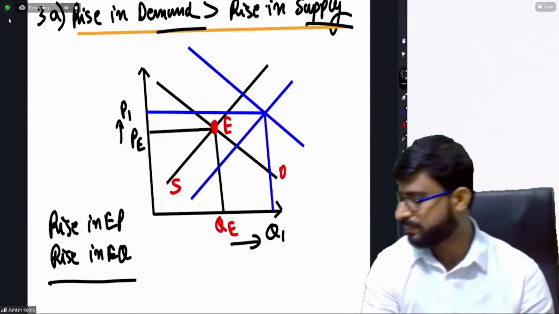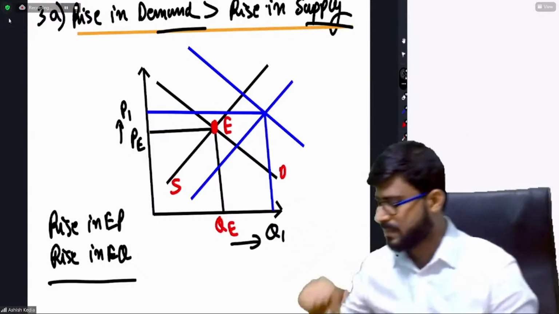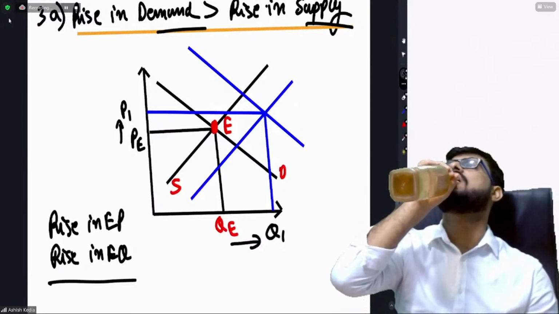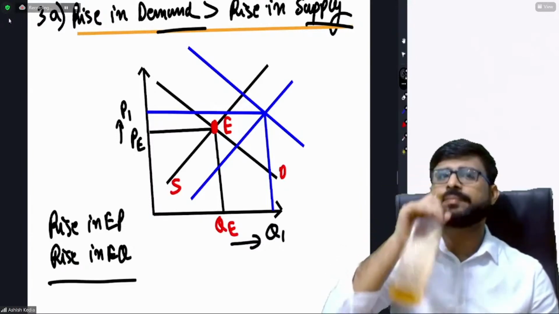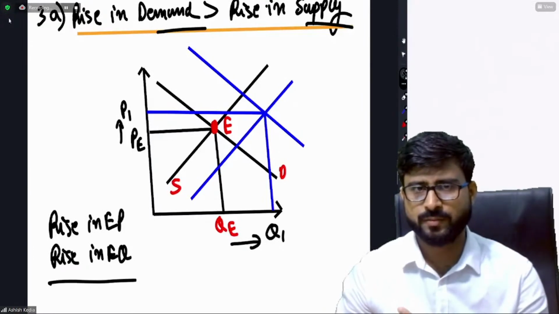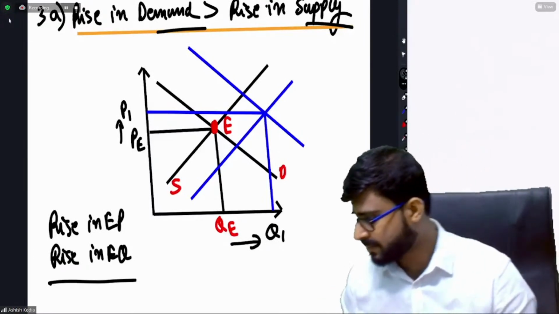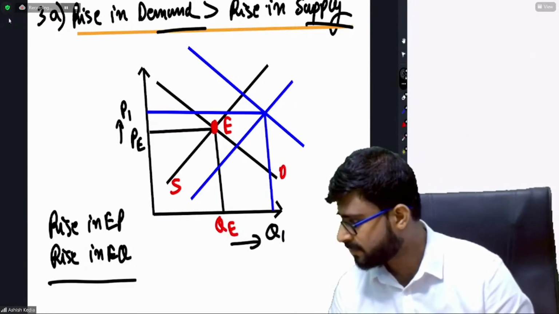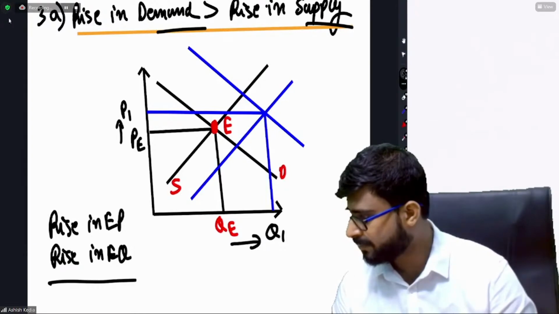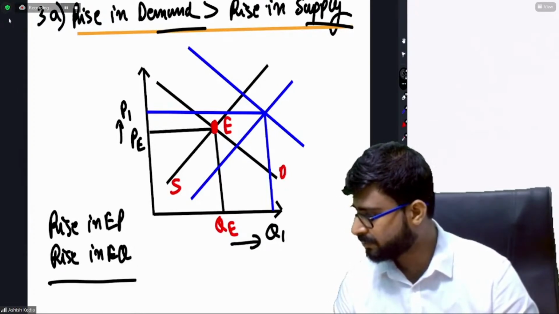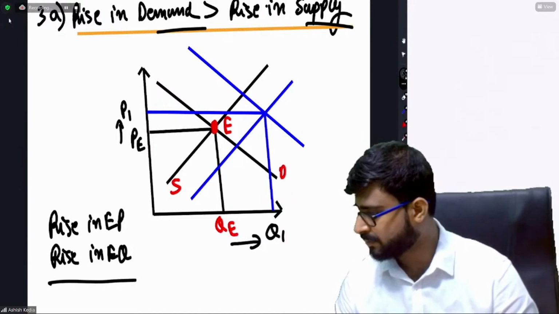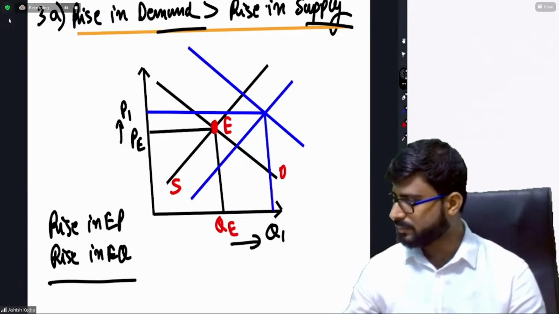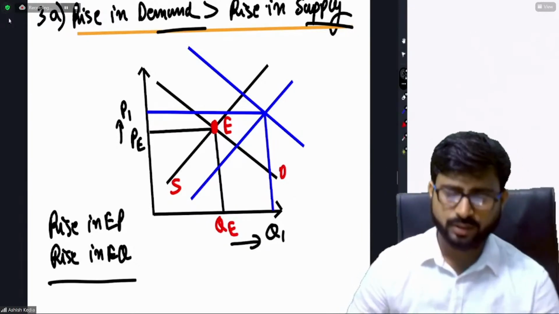Is that clear, everyone? Come on. Great. 3B.